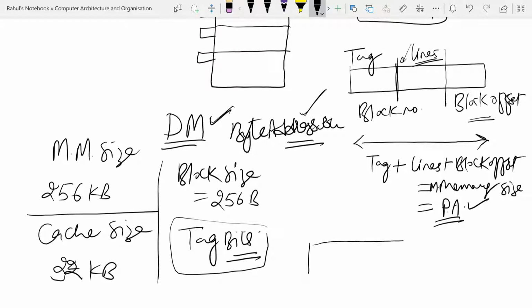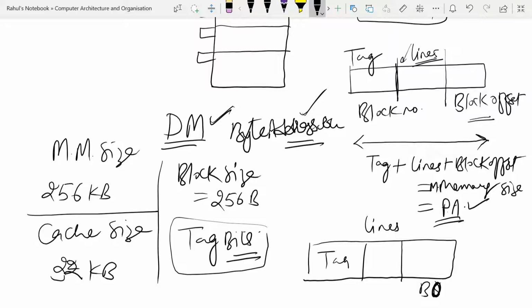So you all know that in the direct mapping technique, the bit fields are represented like this: first is block size, or you can say block offset, then lines, and then the tag field. Completely, if we include all these three, it will make our main memory size.